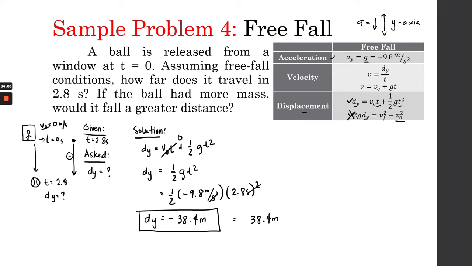As you may have noticed, it is negative, and that is because it is going down. The displacement is negative because it is going down from the point of origin. But ultimately, your answer should be 38.4 meters. Okay, so that is the answer for problem number 4.